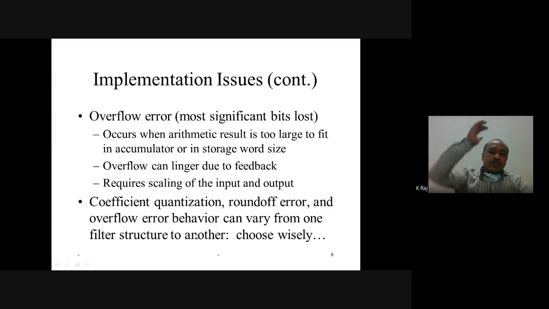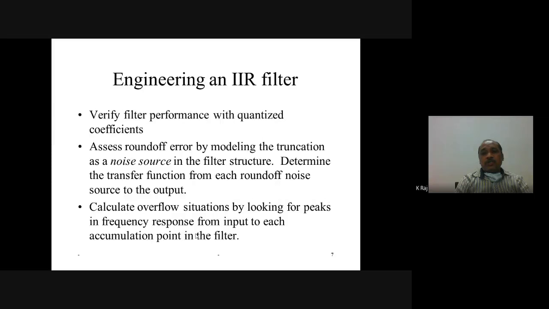So the coefficient quantization, round-off error and overflow error behavior can vary from one filter structure to another, or even the results will be changed. Results may change, the structure may change, or sometimes stability may also suffer due to this round-off.